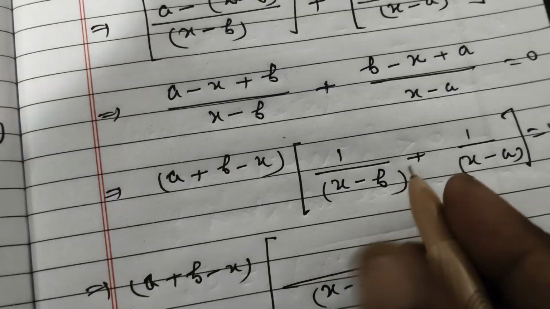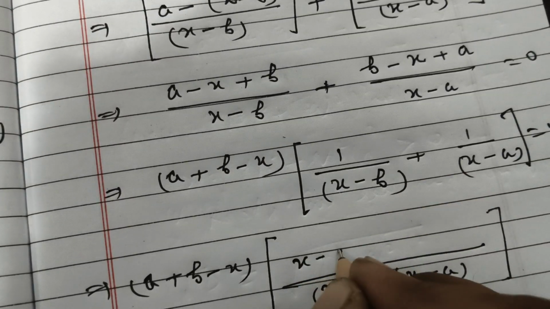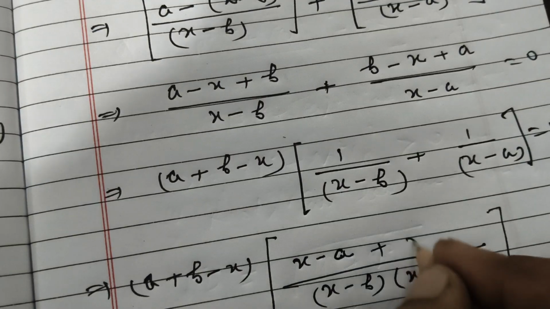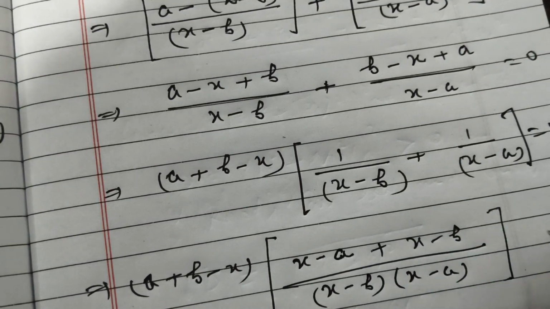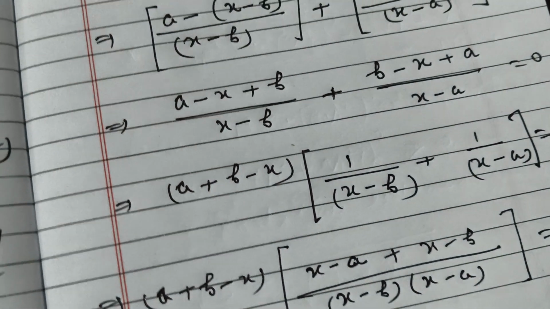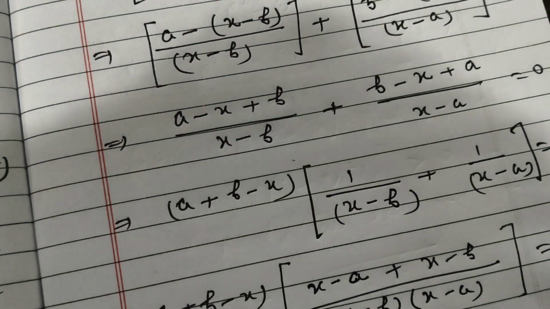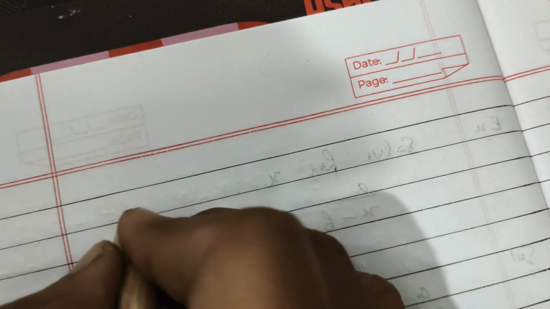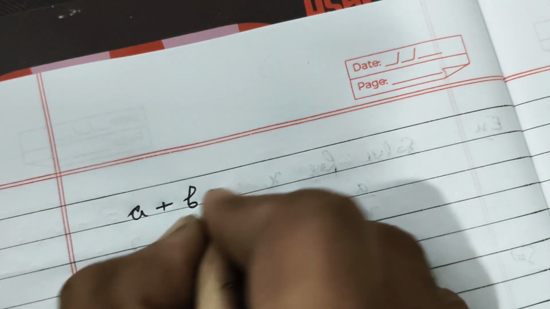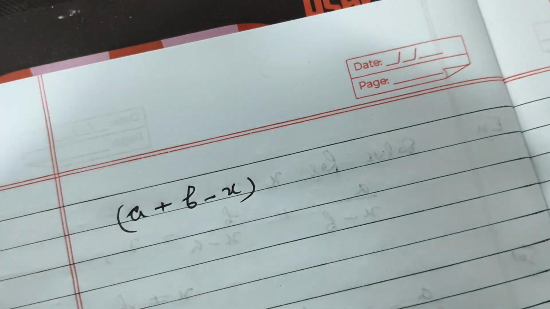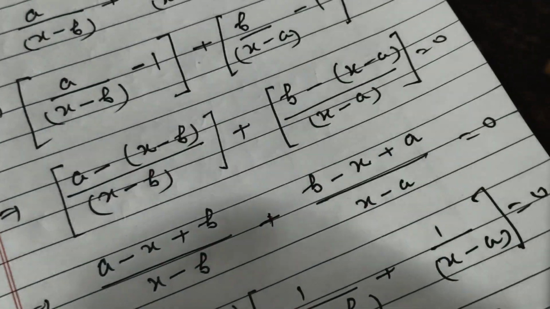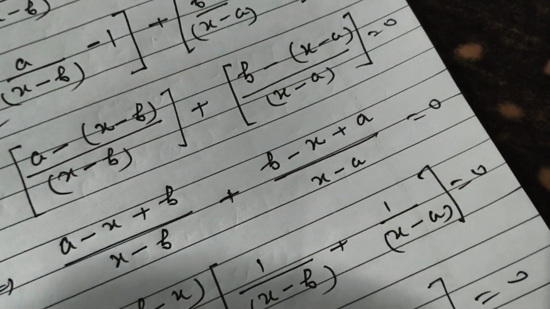So it will be x minus a plus x minus b equal to 0. This will be multiplied by 0 and it will be equal to 0. Then there will be a plus b minus x, and x plus x, 2x minus a minus b.